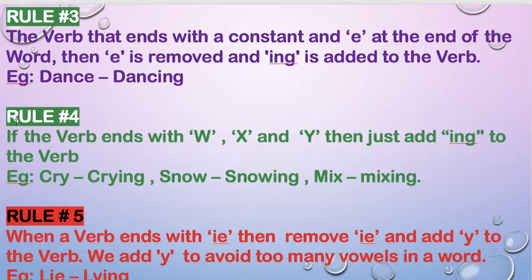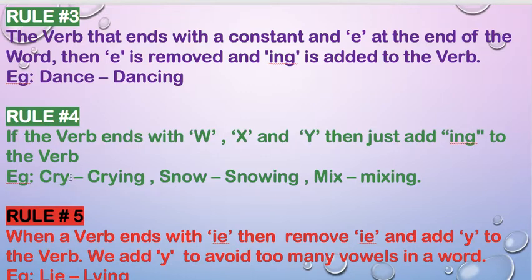Rule number 4. If the verb ends with W, X and Y, then just add ing to the verb. So if the verbs are ending with W, X and Y, you will simply add ing to the verb. Example, cry.